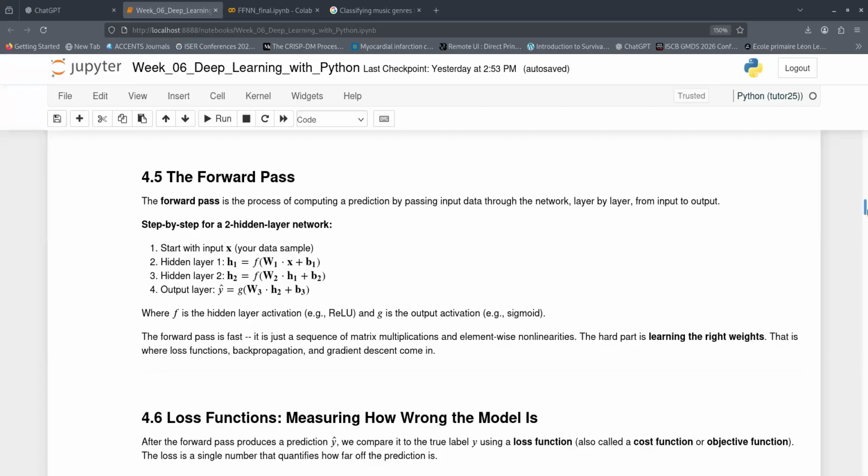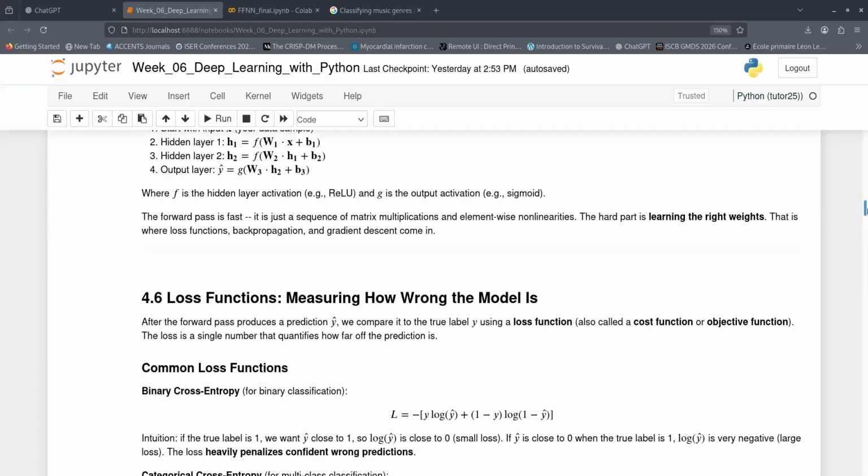And here we have now the loss function. The loss function is just going to measure how wrong the model is. Okay, how wrong the model is. After the forward pass produces a prediction, so we got the prediction Y hat, we compare it to the true label Y. Remember, we have a true label.